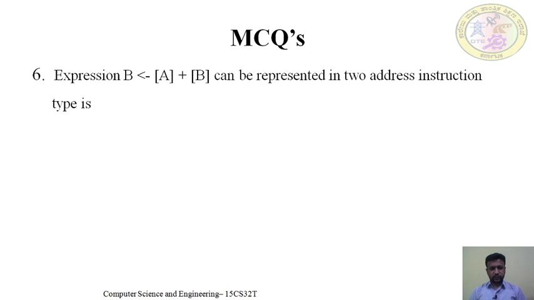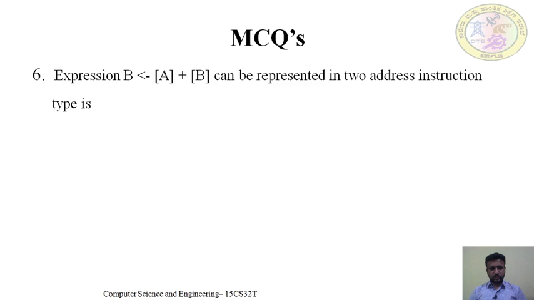Sixth, the expression B implies content of A plus content of B can be represented in 2 address instruction type as: A add B comma A, B add A comma B, C add both A and B, D none of the above.